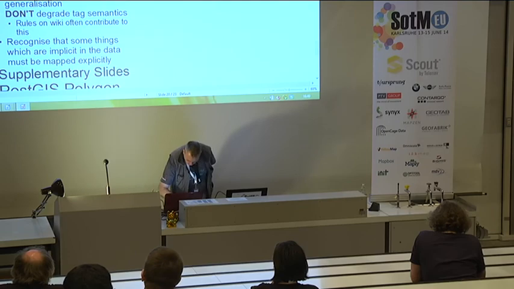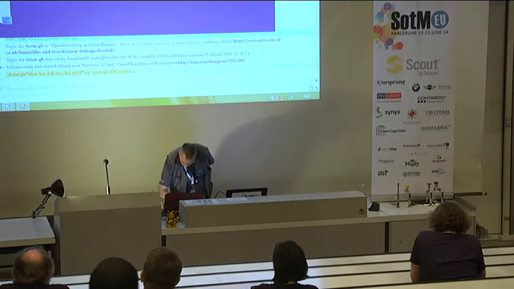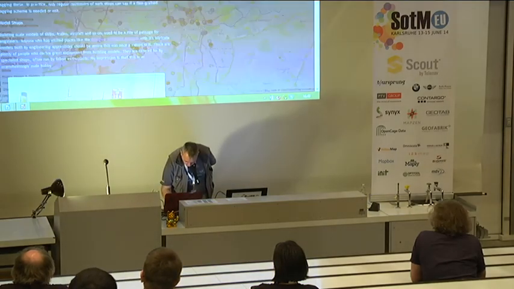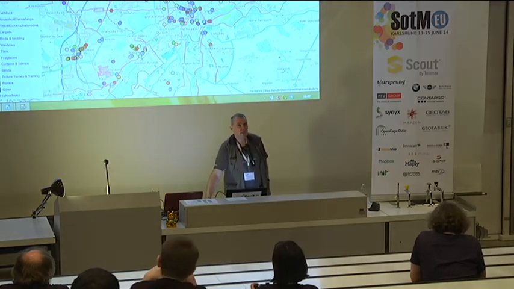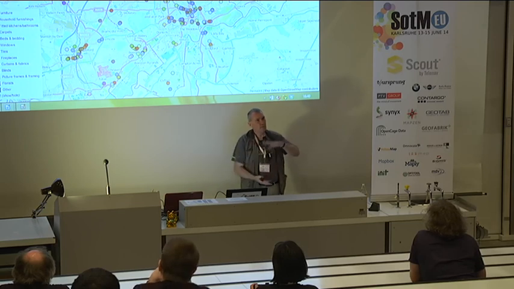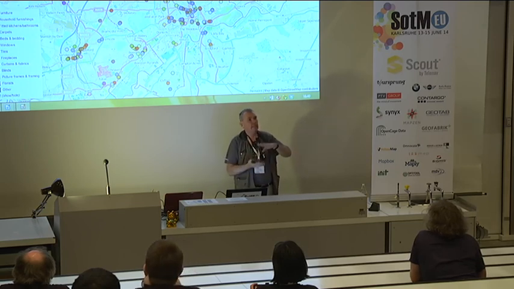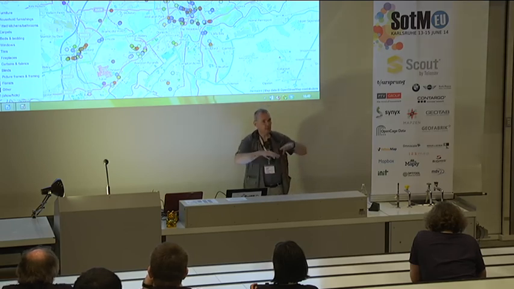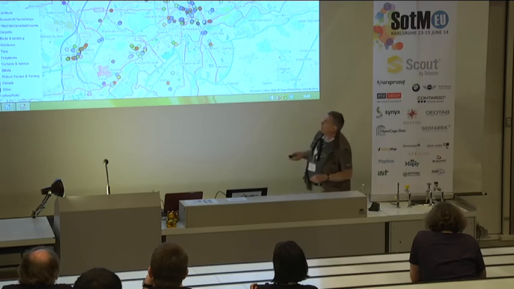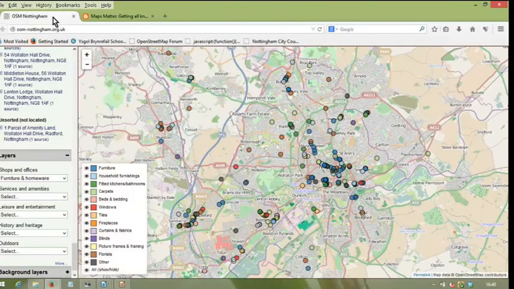One of my colleagues in Nottingham has been building a website called OSM Nottingham, and he's been collecting different classes of tags into groups. In the course of this, we've encountered, for instance, with sports facilities, all sorts of problems about grouping them.